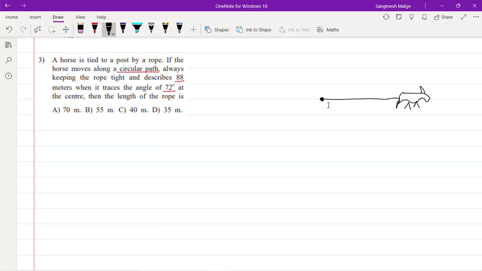Yes, this is a horse. Now what they are saying is, always keeping the rope tight and describes 88 meters. That means this horse is now allowed to move in a circular fashion.